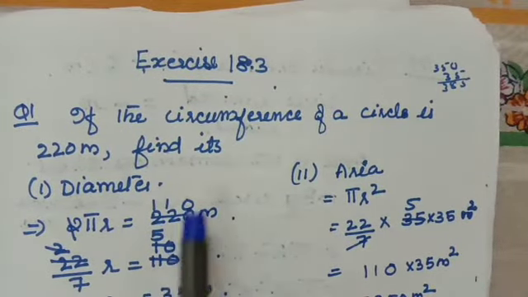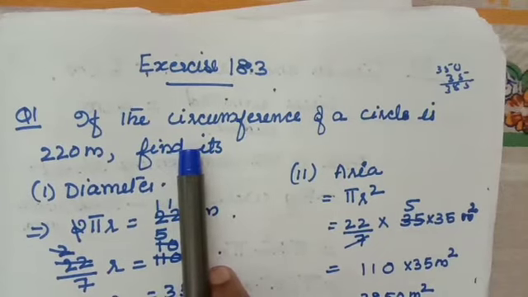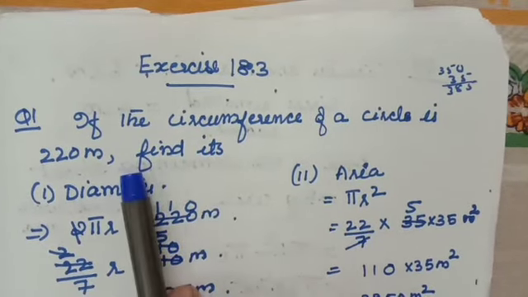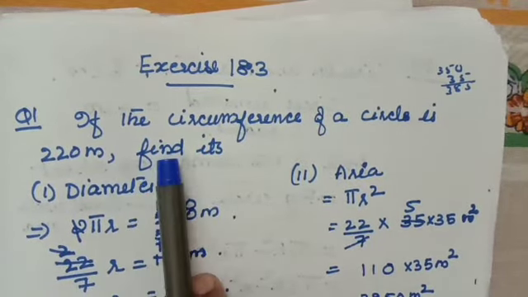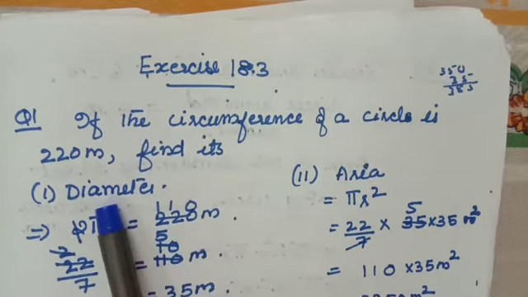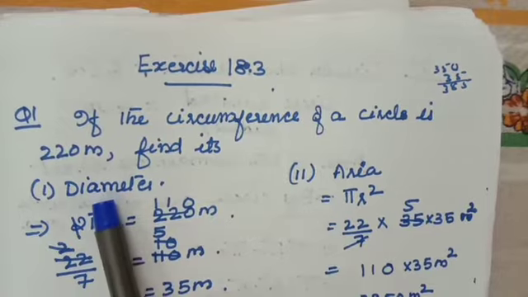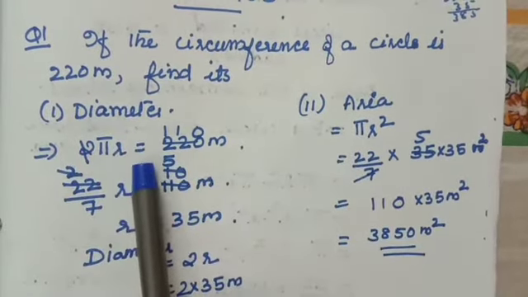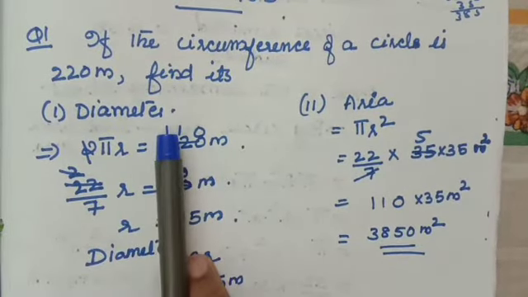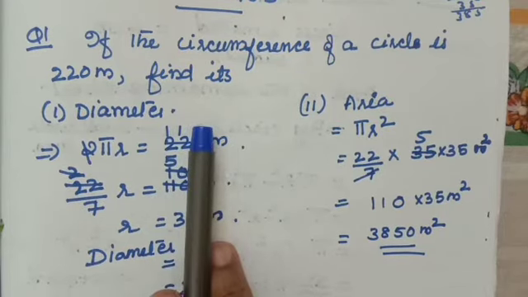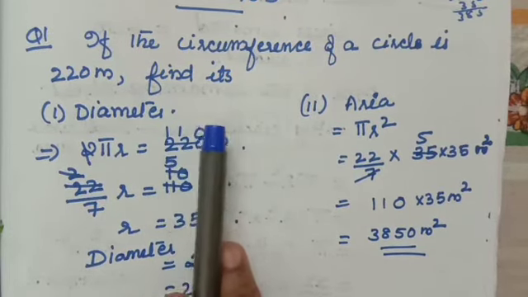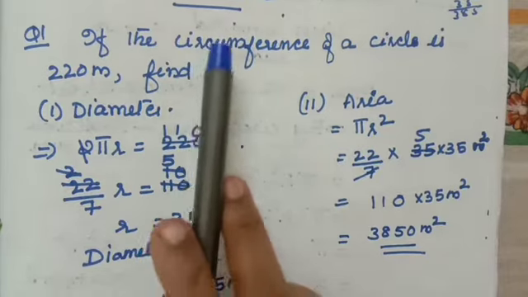Question number 1. If the circumference of a circle is 220 meter, find its diameter. Already in the introduction part I told you diameter equals twice the radius and radius equals half the diameter.